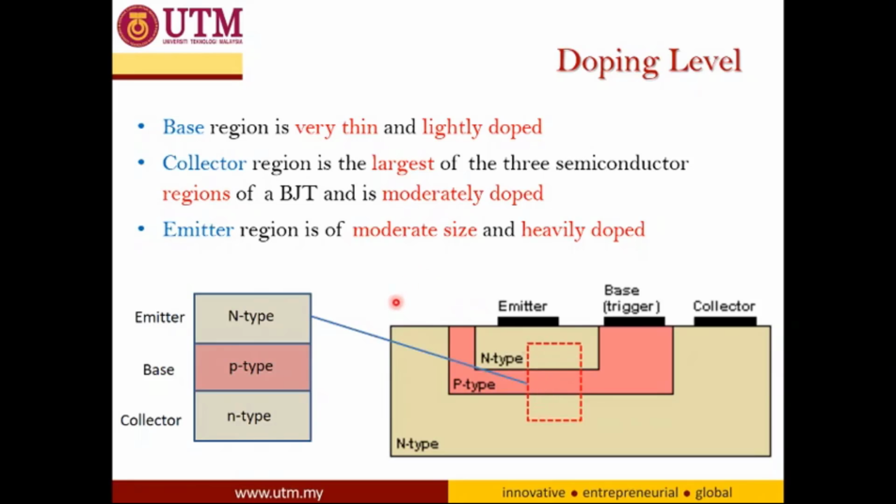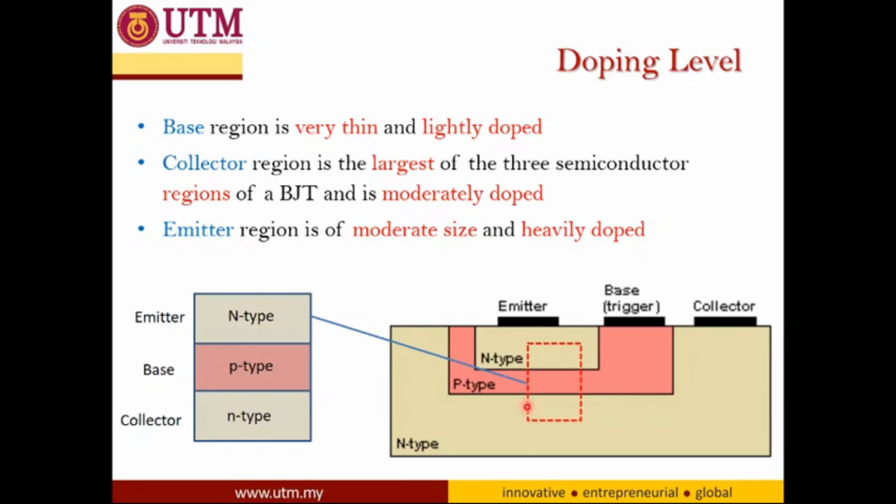The emitter is heavily doped, with a moderate thickness. And the collector is the thickest layer, and it is moderately doped. Okay, so the figure on the right is the structure of the BJT.